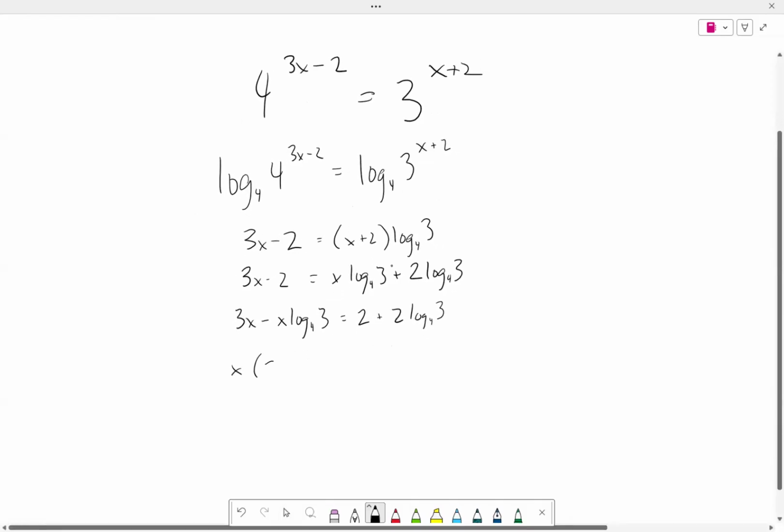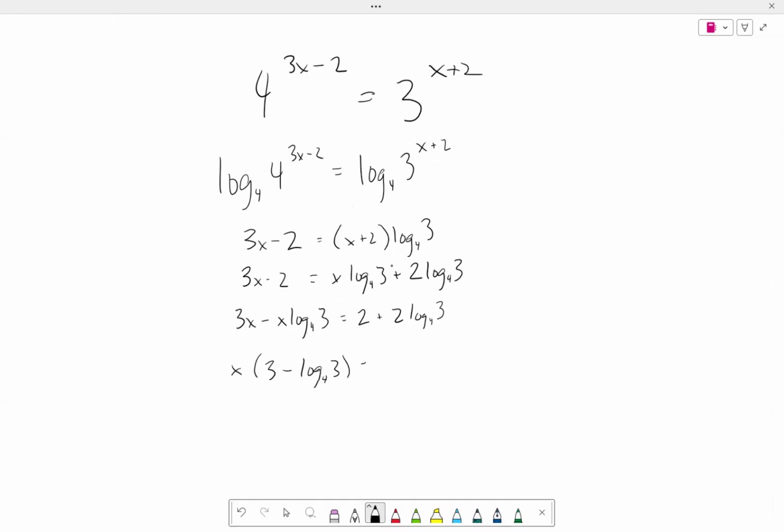And I got 3 minus log base 4 of 3. And then divided by 3 minus log base 4 of 3, so x equals 2 plus 2 log base 4 of 3 divided by 3 minus log base 4 of 3. And then I left it there.